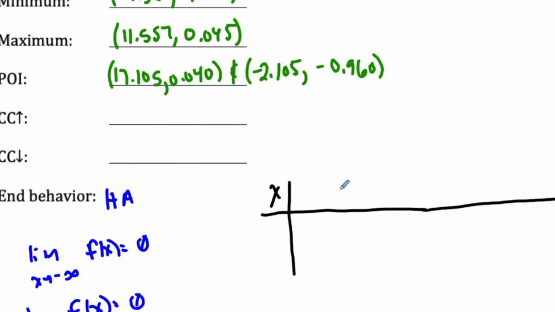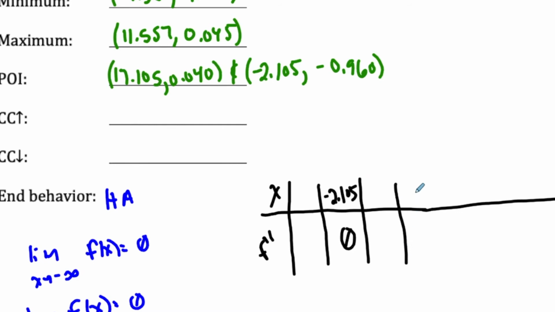So in my table, I'll show you the values that I used, but we needed our negative 2.105. That gave us a 0. We're looking at values for our second derivative now. And then we need to have 0 in here, and that gives us an undefined, so we'll just X that out.